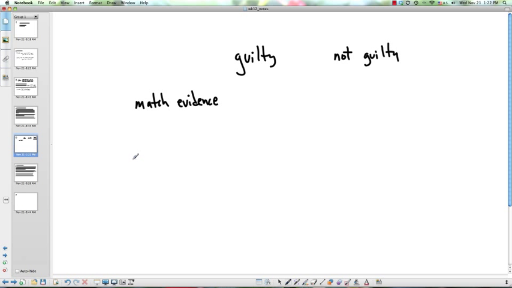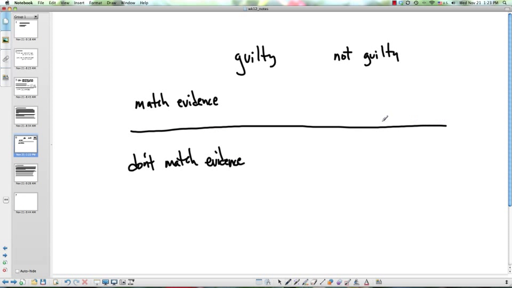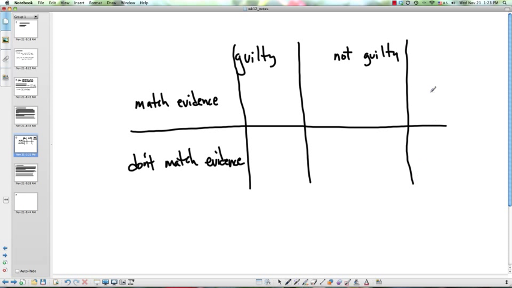Or they don't match the evidence. Now in this table I'm going to create a column for totals here and another row for totals down here.